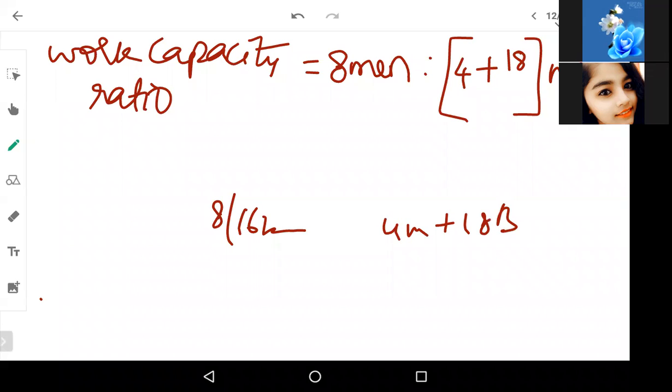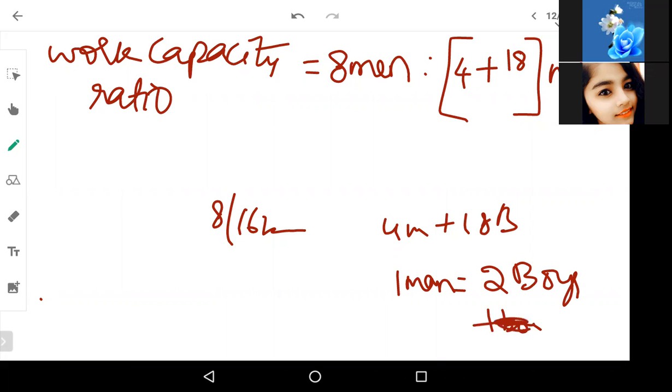Now, if one man's work is equal to two boys' work, it means one boy does half of the work. If this is two boys' work, then if one boy is working, half a man's work is done by one boy.